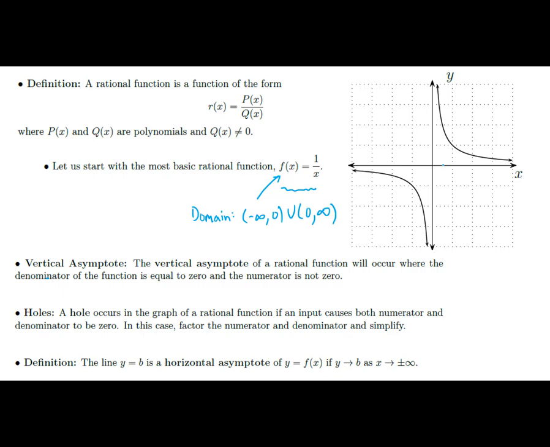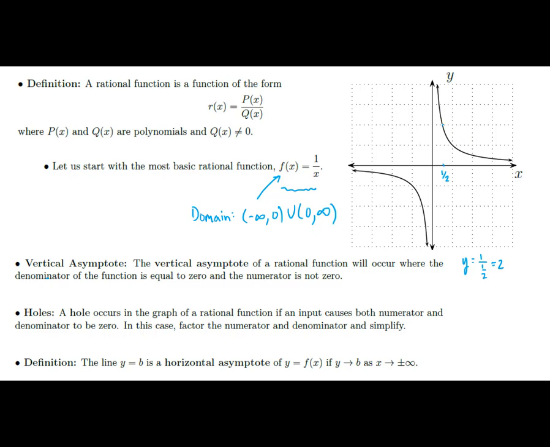But let's think about what's happening as we get close to it. If I go to x equal to a half, then my y value would be 1 over 1/2, or 1 divided by a half. And we know that when we take 1 divided by a half, we're just going to end up multiplying by the reciprocal of 1/2, and so we get 2.